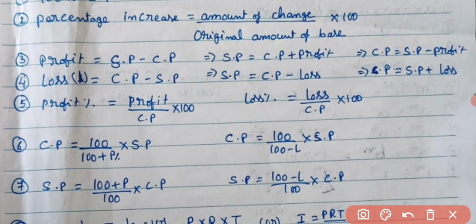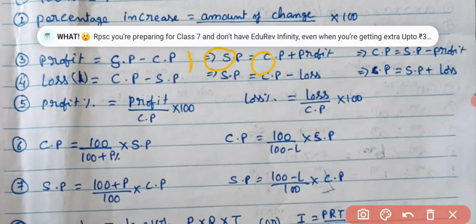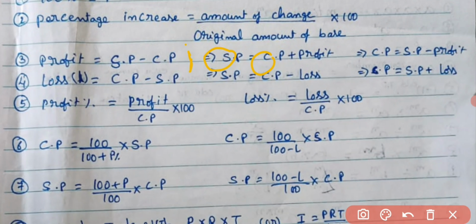Our third property is profit is equal to SP minus CP. It means you want to find out what the profit is. Suppose you are buying a pen with a price of 100, and you sell this pen for 150.